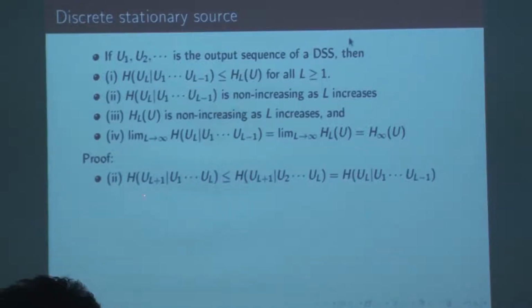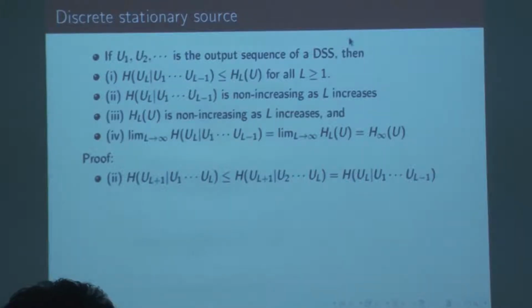So, what I have shown you is uncertainty in U_{L+1} given U1, U2, ..., U_L is less than or equal to uncertainty in U_L given U1, U2, ..., U_{L-1}. That means, as L increases, this is a non-increasing function of L. So, we have proved property number 2.